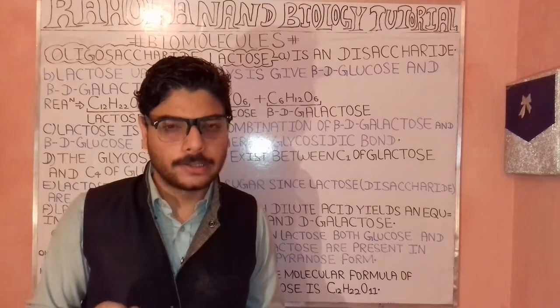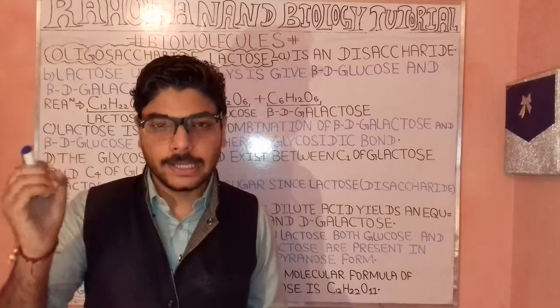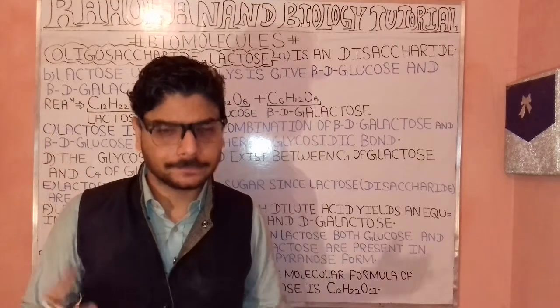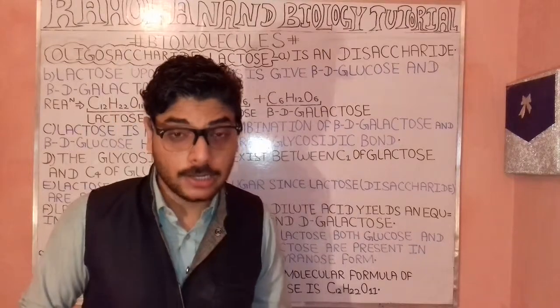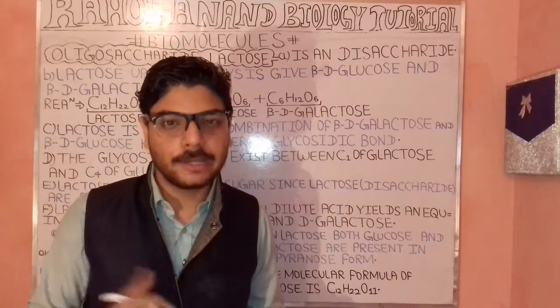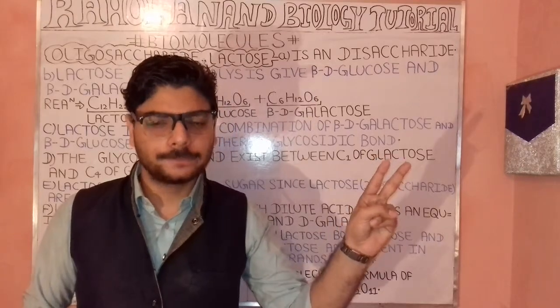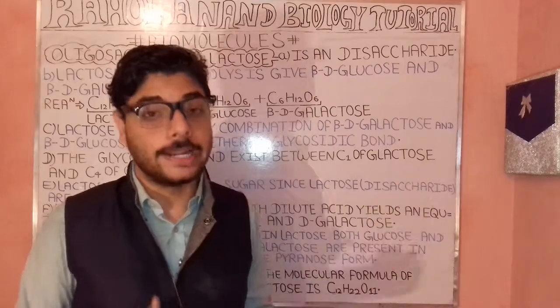These lactose units are formed by the combination of beta D galactose and beta D glucose. They are held together by a glycosidic bond.